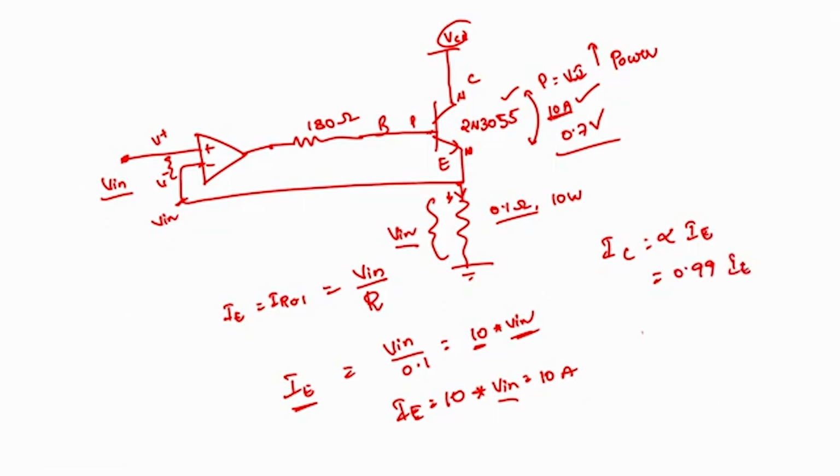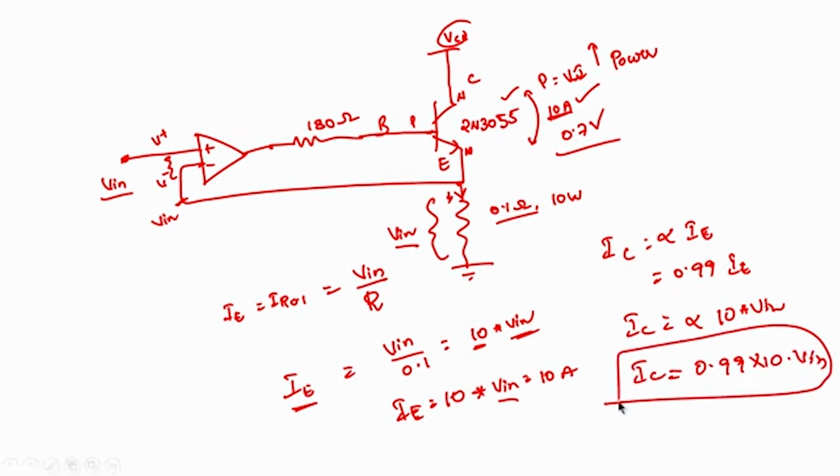So IC value will be alpha times 10 into Vn. So if I know Vn, 0.99 into 10 into Vn is the relation between IC and Vn.